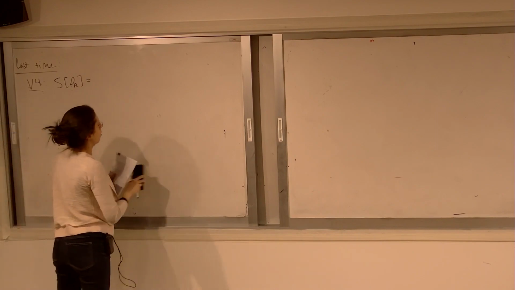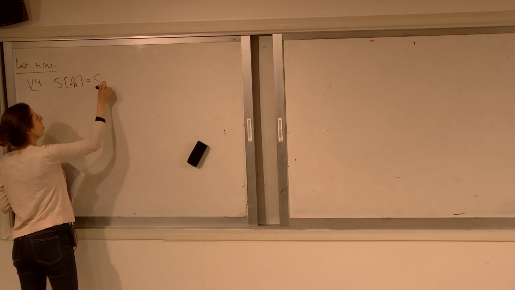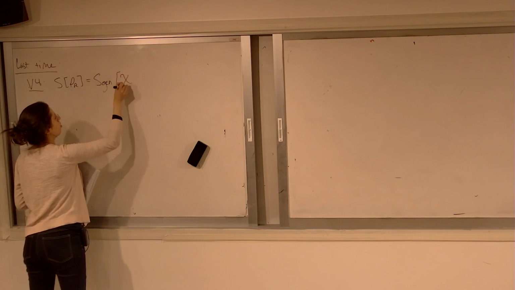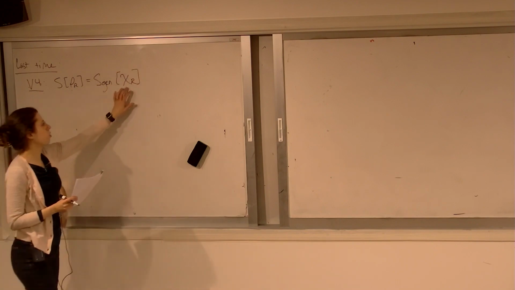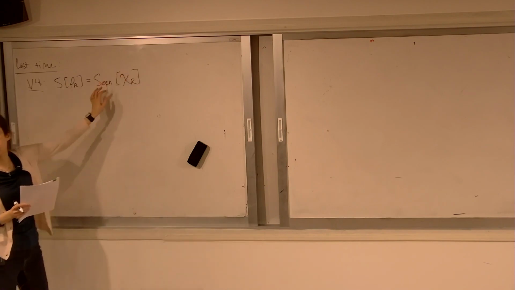So if we're given region R on the boundary, this is computed by the generalized entropy of a quantum extremal surface, chi R, where quantum extremal means it's a stationary point of the generalized entropy functional.